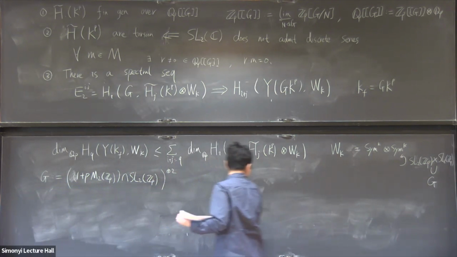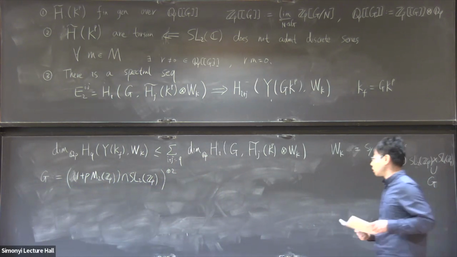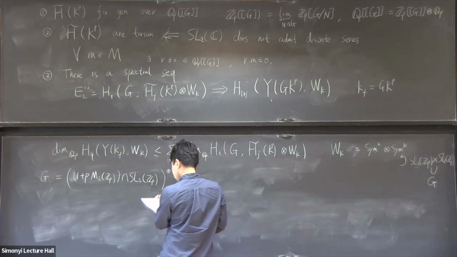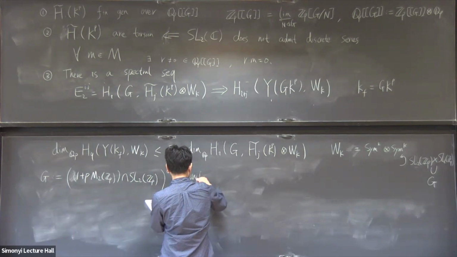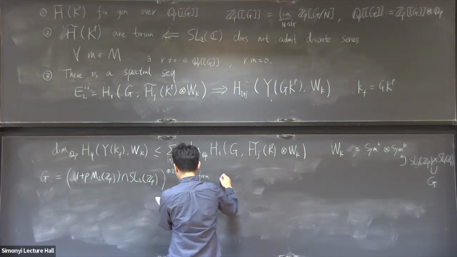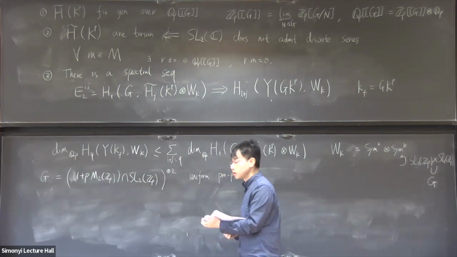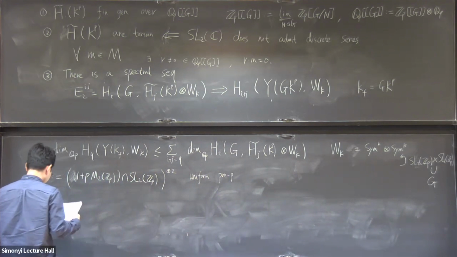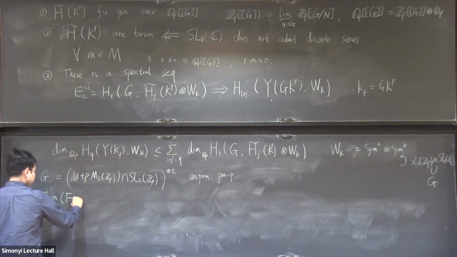So this G is now a pro-p group, uniform in a sense, but I probably won't explain what that means. These groups are studied by Lazard, and they have many good algebraic properties.